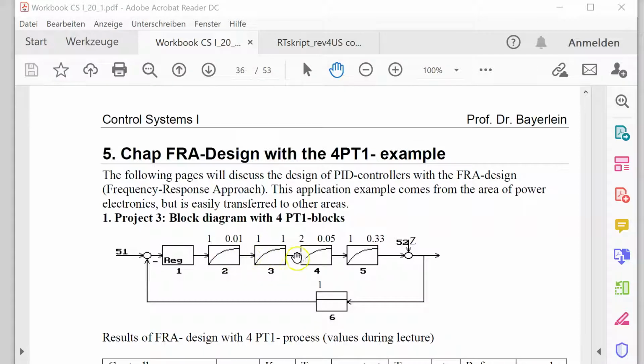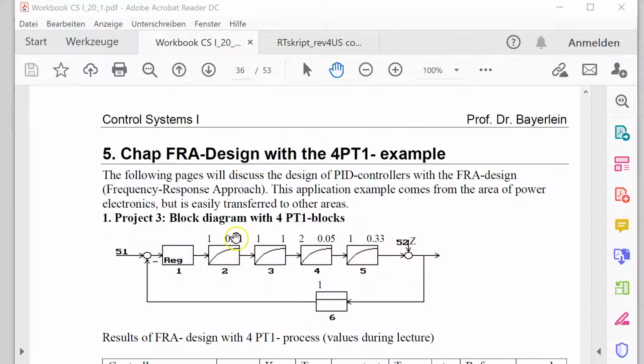In our case, we have given the transfer function, so we can execute all things also with other principles of design, and we can of course put these blocks into my simulation program, which needs blocks, which needs transfer functions, and then we can try to simulate these systems.